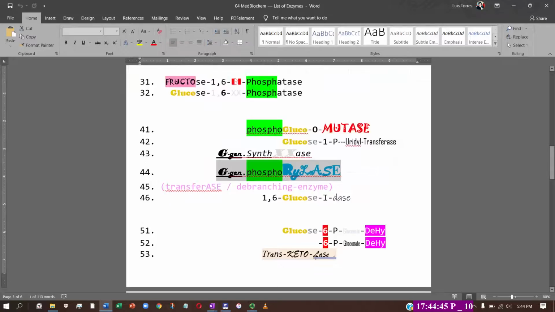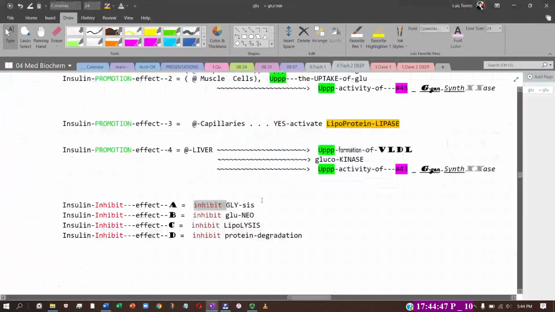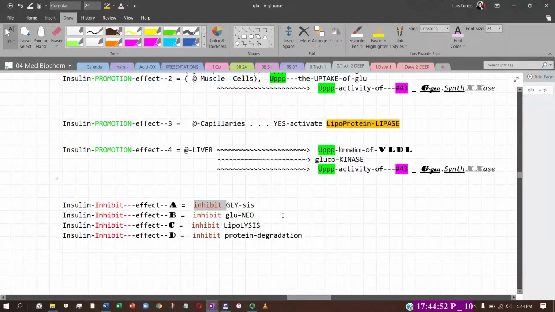So that's why glycogenolysis is being inhibited. Good.